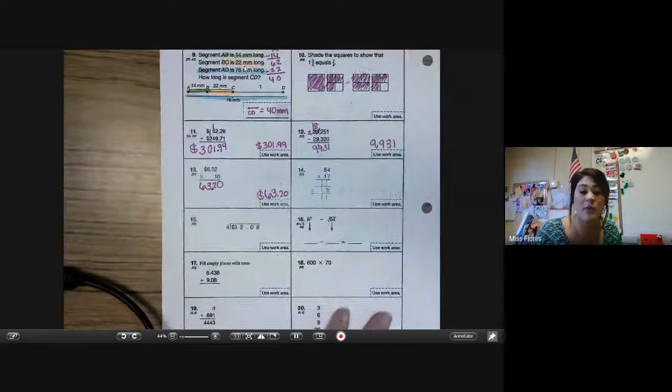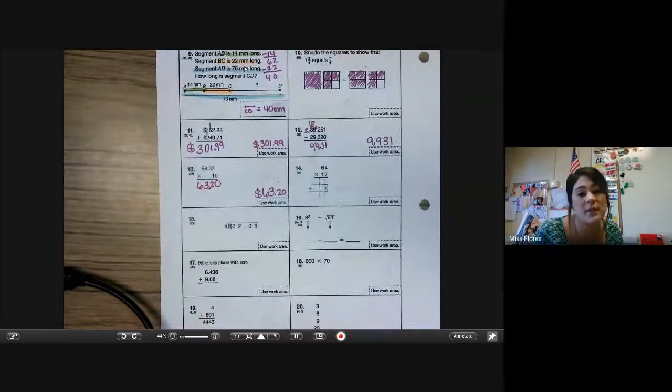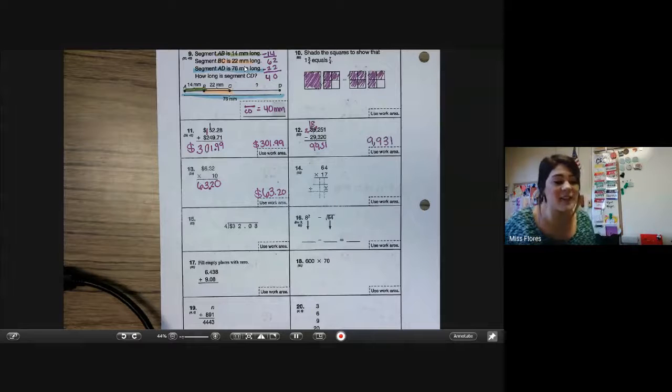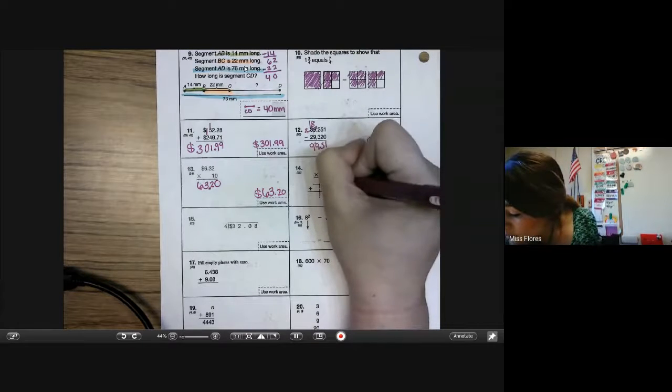All right, number 14, it says 64 times 17. So you're going to have to do some 2 by 2 multiplication, and it sets up the little boxes for you. So let's see if I can fit inside the box. All right, 7 times 4. If you're counting by 7s, you go 7, 14, 21, 28.